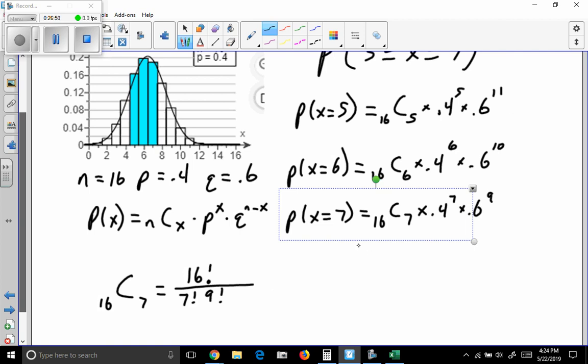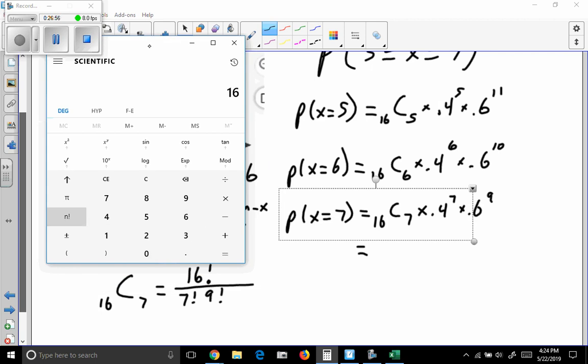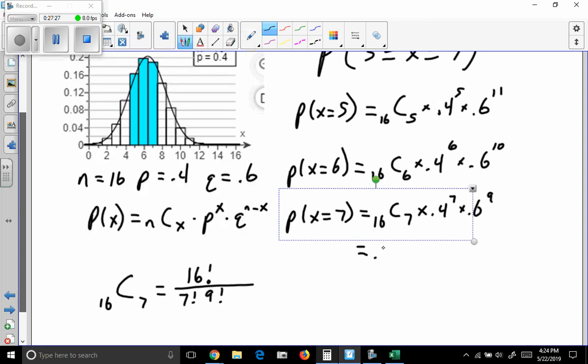So for this bottom one, it would be 16 factorial divided by the result of 7 factorial times 9 factorial. So that's 11,440 times 0.4 to the 7th times 0.6 to the 9th. So that's 0.189. So that's just that bottom one.